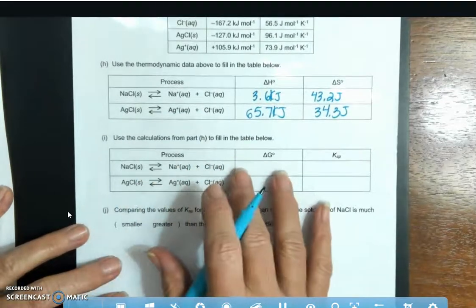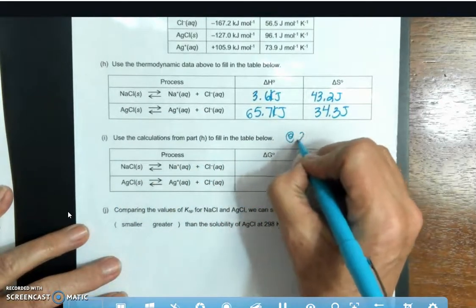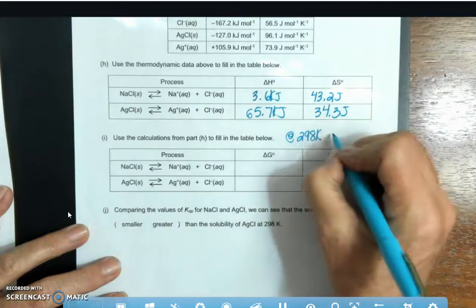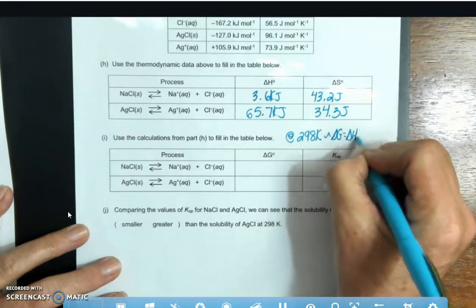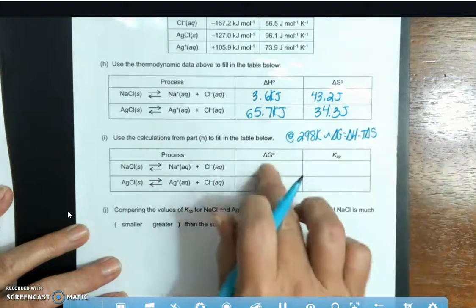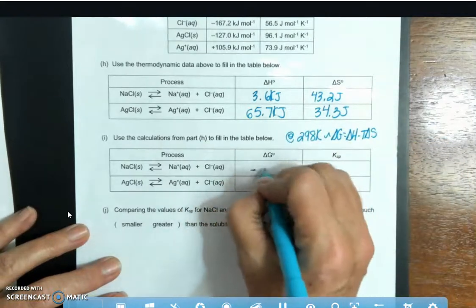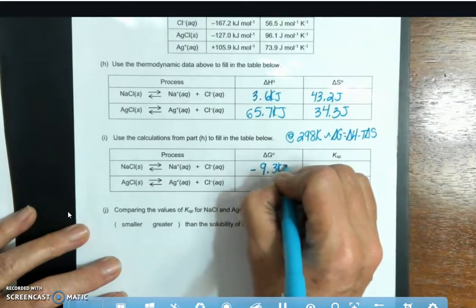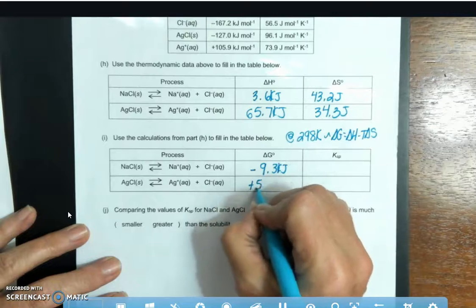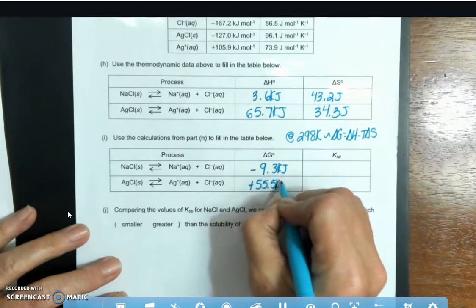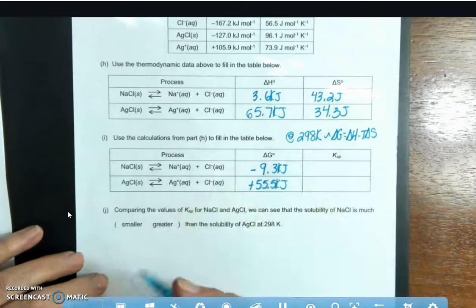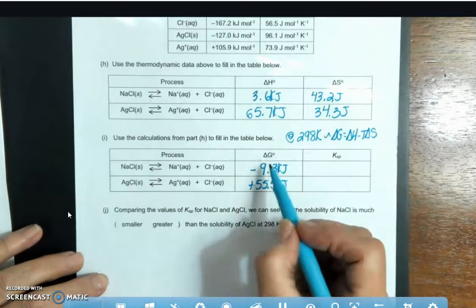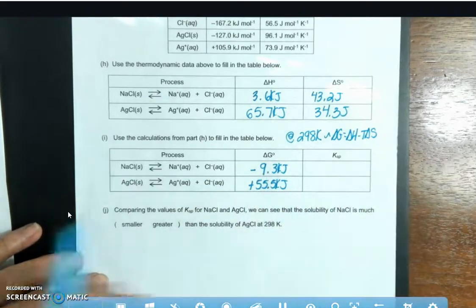Once I do this, if I do all of this at 298 K, I can use delta G is equal to delta H minus T delta S, and I can calculate my delta G's, and I get 9.3 kilojoules and positive 55.5 kilojoules. So let's look at our KSPs, because if we look at measuring the solubility of something, this does tell us something, but let's go ahead and verify.